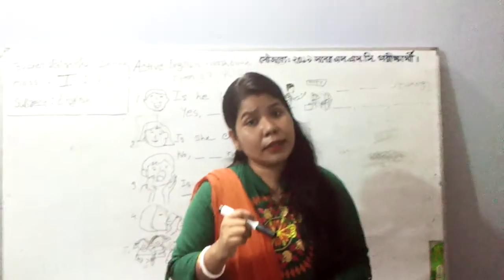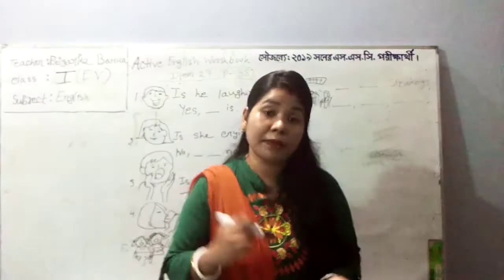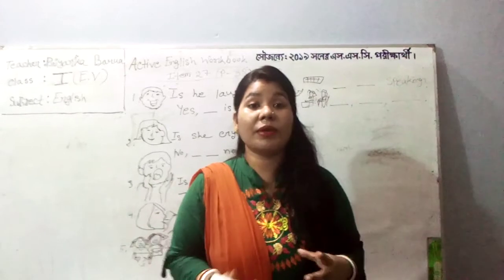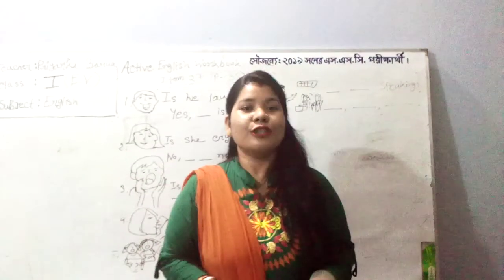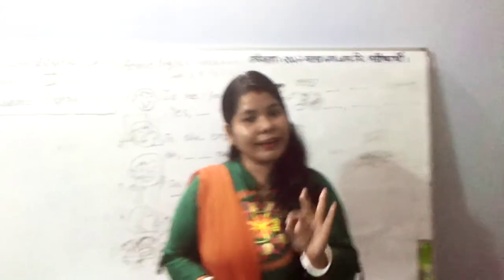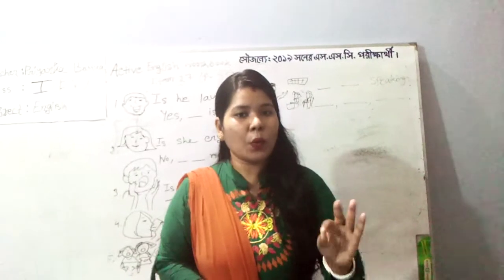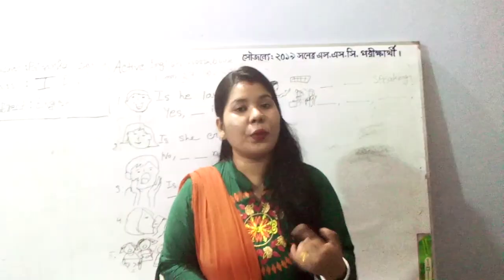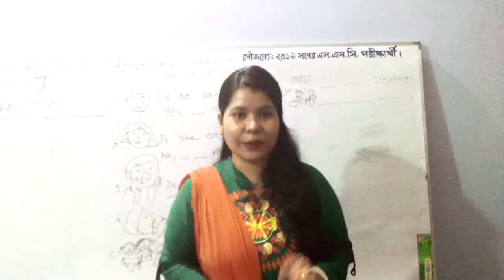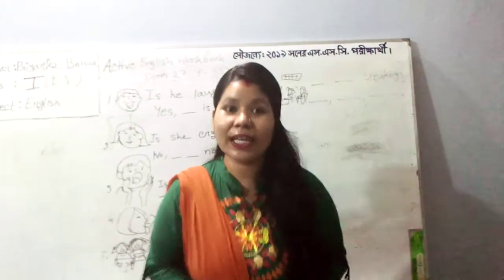Sometimes the subject is missing, sometimes the auxiliary verb is missing, sometimes the answer is missing. So you have to put the correct words one by one, wherever it is needed. Okay, so let us go through the chapter.